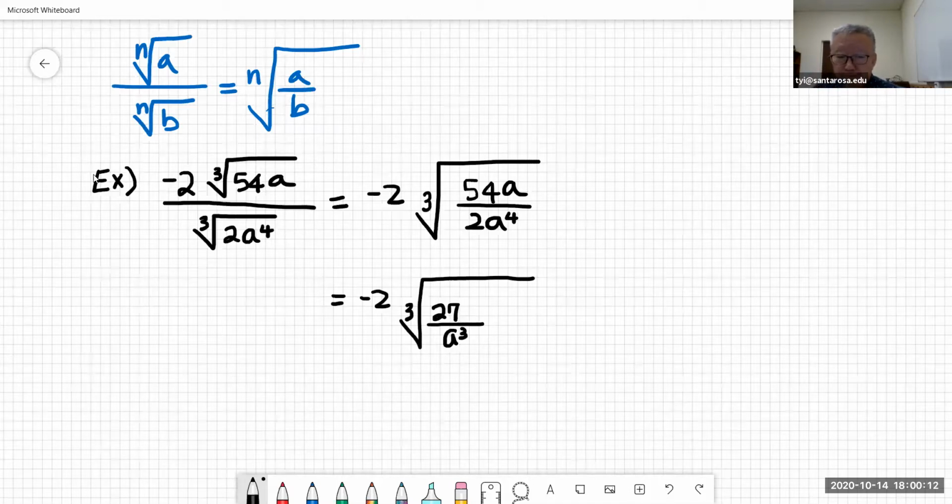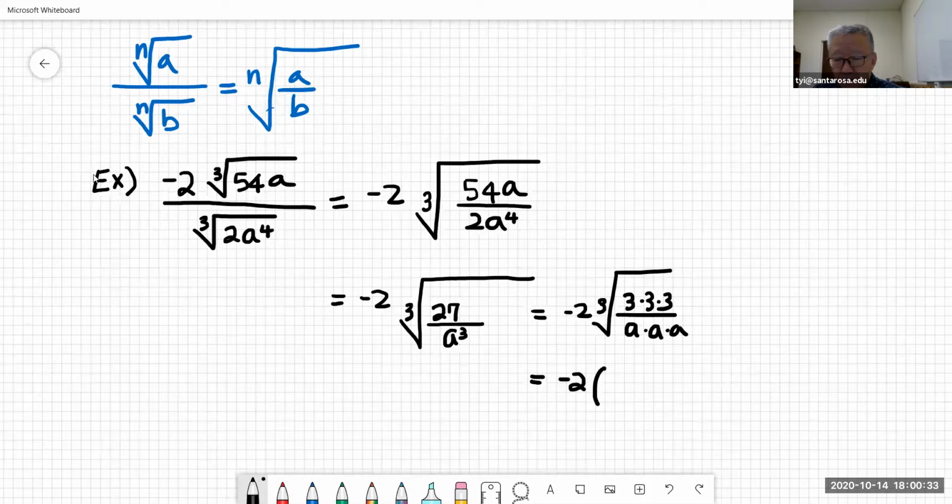Okay. So if I rewrite this, I will get -2 cube root. You got 3 times 3 times 3, a times a times a. So I have a -2, 3 over a.